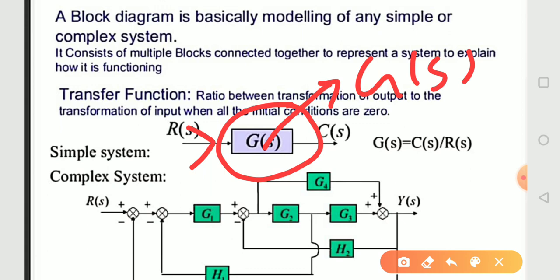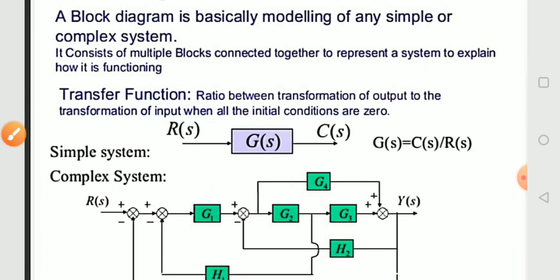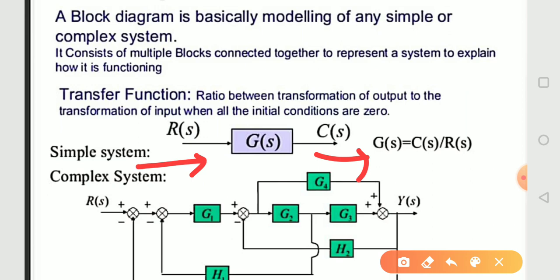So we can say a block is just like a junction point. Here there is some input to the block and here some output from the block, and the gain of the block is multiplied.